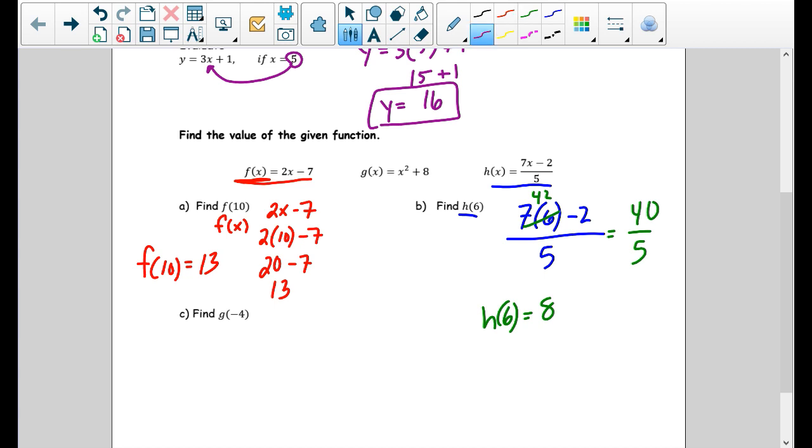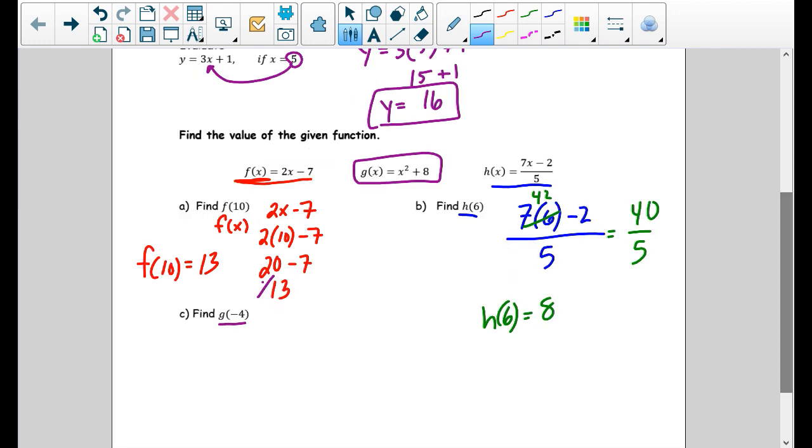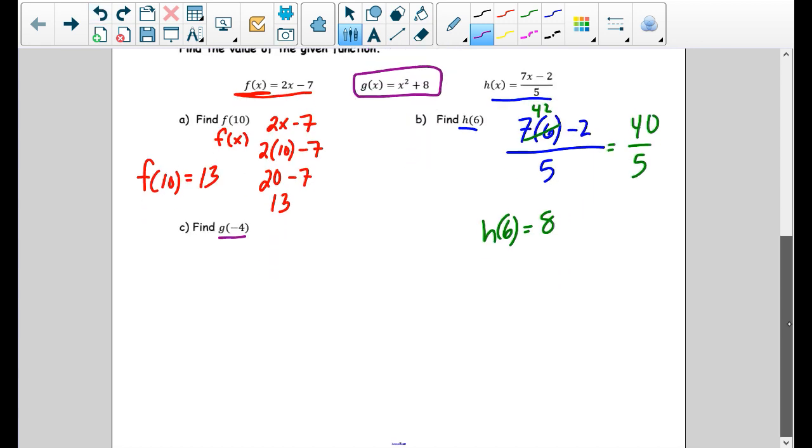Last one here, g function. So g of negative 4. So we're looking at this g function here in the middle. So g of x equals x squared plus 8. Okay, so here's where it's going to be important. Anytime I'm plugging anything in for x, especially with a square, we're putting it in parentheses. Okay, so when I have this x squared, this negative 4 has to be in parentheses.